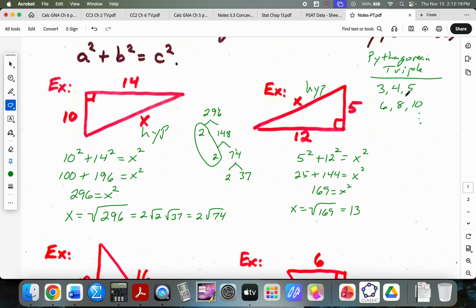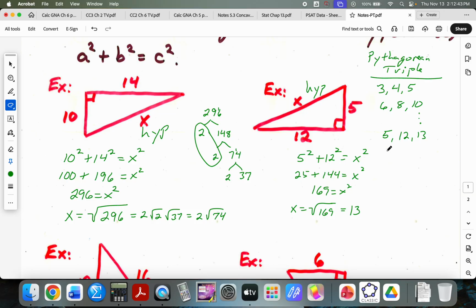At some point, when you see something often enough and you're having to work it out every single time, you just memorize it. I think it's worth it to memorize 3, 4, 5 and know that if I double it or triple it or whatever. And the other one that comes up is this one that we just did, 5, 12, 13.